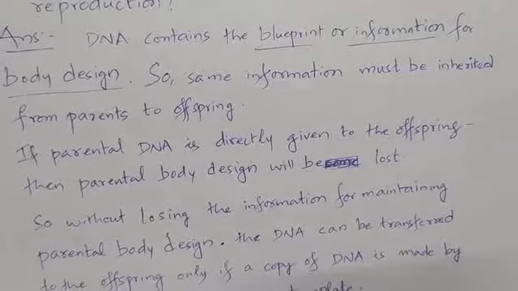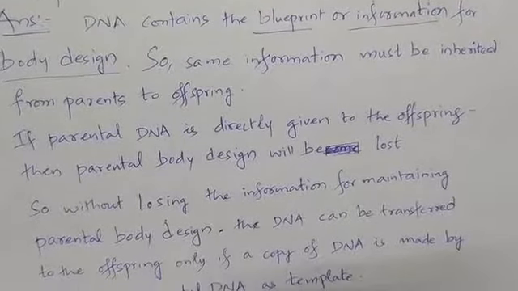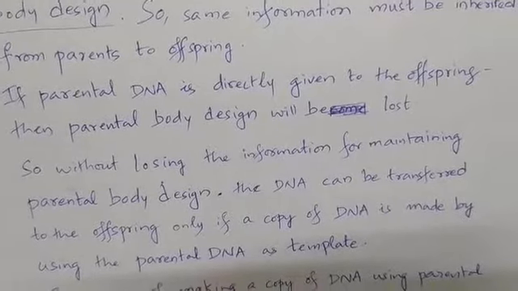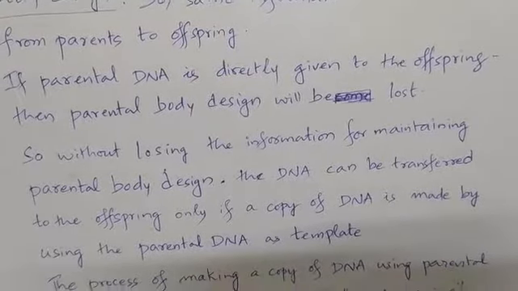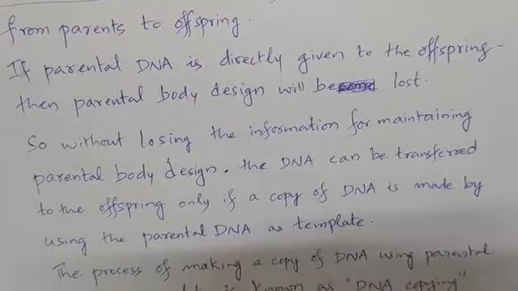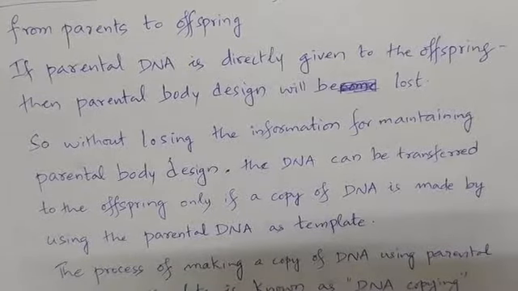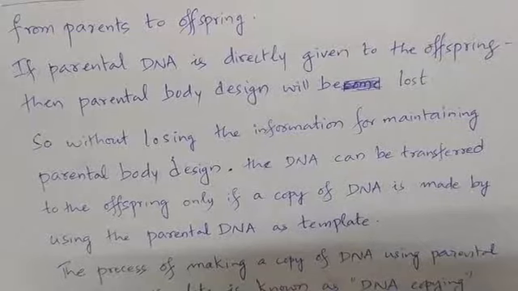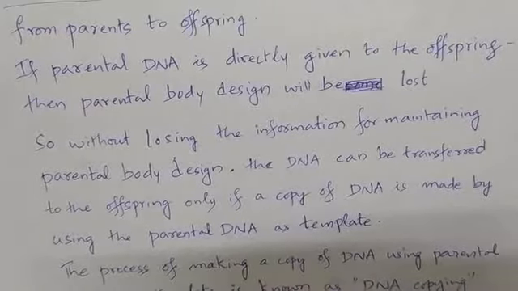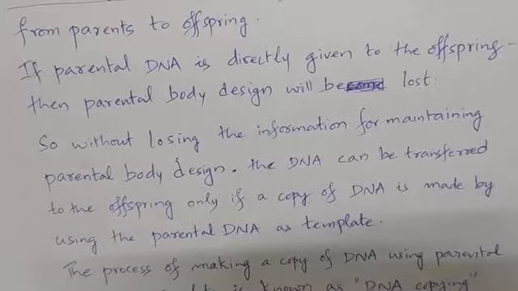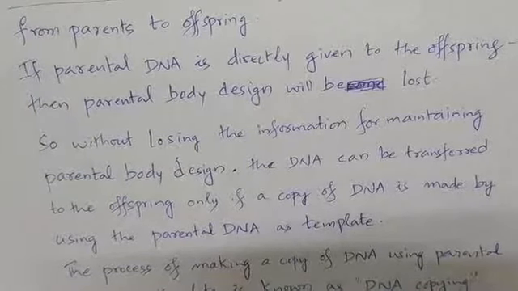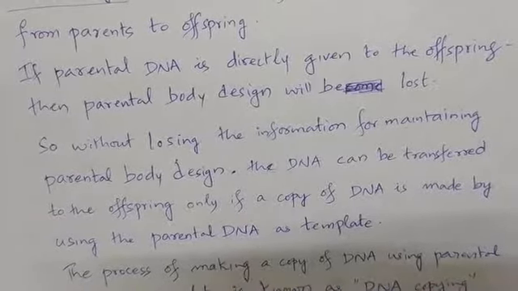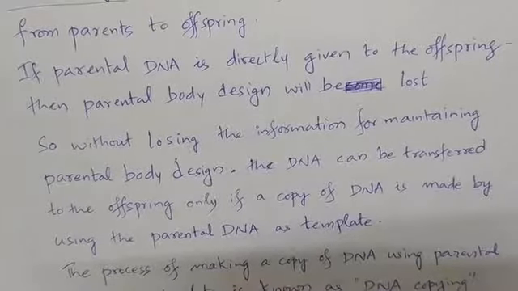Without losing the information for maintaining the parental body design, the DNA can be transferred to the offspring only if a copy of DNA is made by using the parental DNA as template. So, parents can give their DNA, but not directly. The DNA will be made into duplicate copies, and the duplicate copy will be given to the offspring.